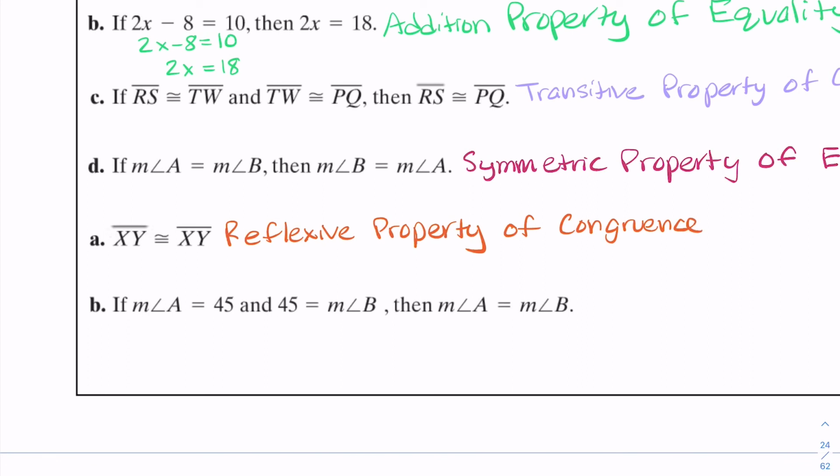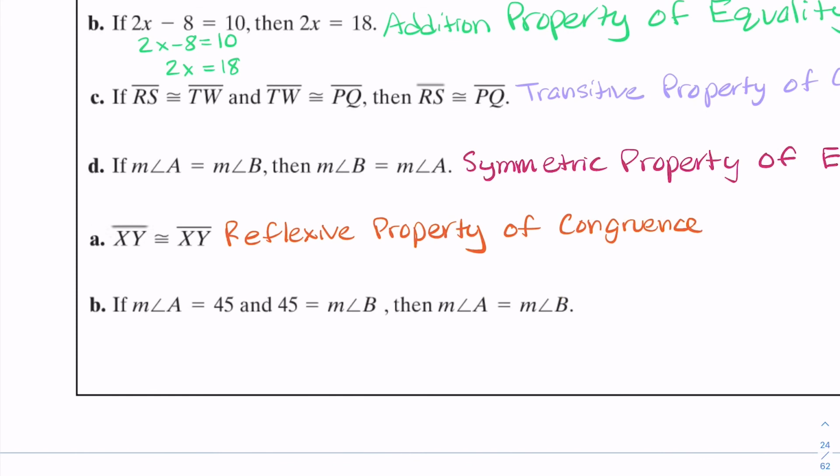In the last one, we have measure of angle A is equal to 45, and 45 is equal to measure of angle B. Then measure of angle A equals measure of angle B. So this is train car 1, train car 2, train car 2, train car 3, train car 1, train car 3. So first train's connected to second, second's connected to the third.